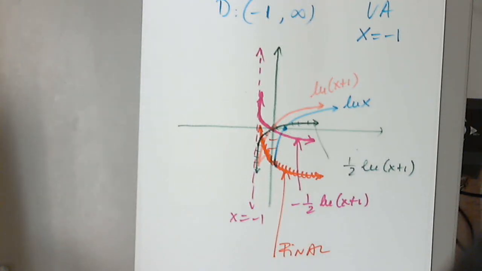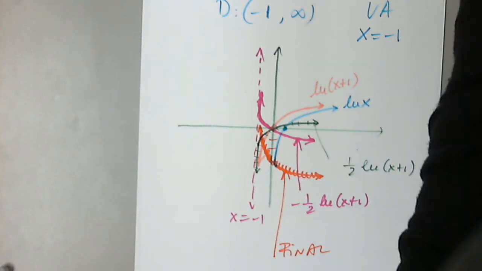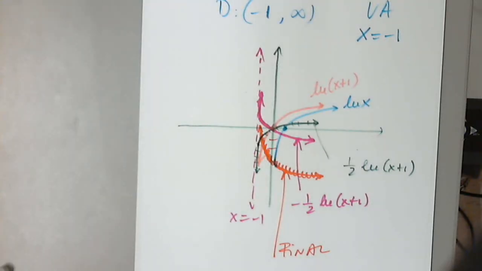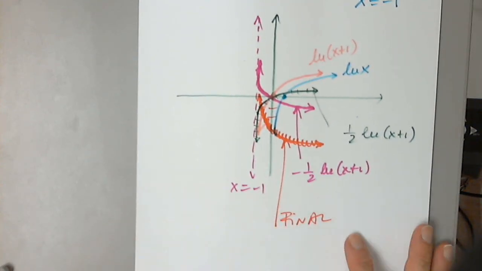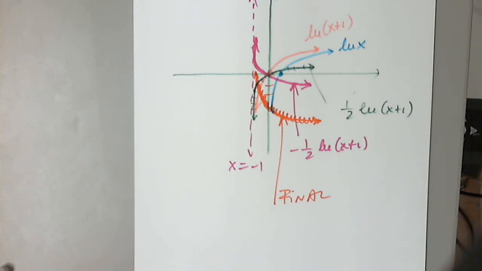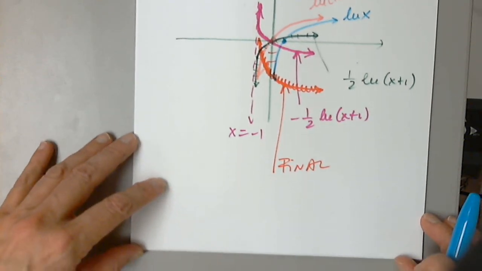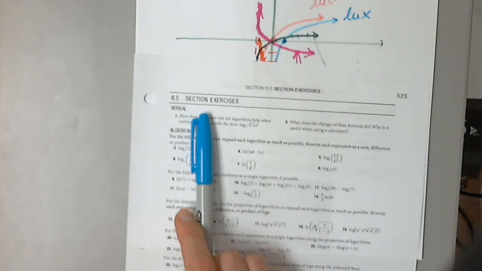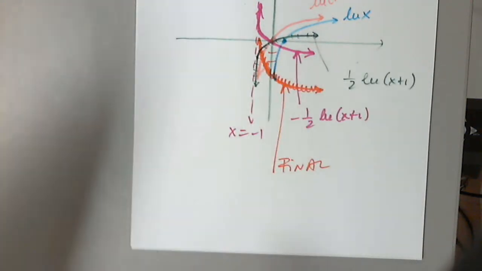Any questions before we practice the log properties that we talked about? I'm going to review them first, and then we'll practice. Yes, are you okay? Any questions? Okay, so let me list those three properties before we continue. We're looking at properties of log 6.5.